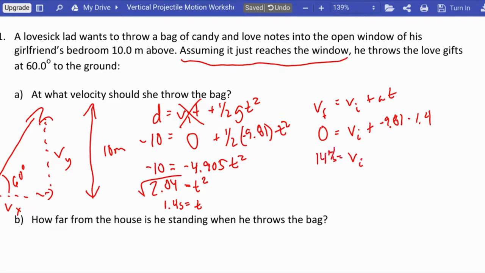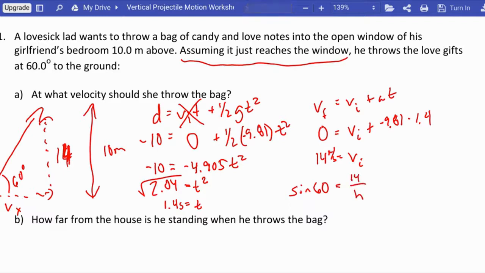Now that's the vertical velocity. That's the velocity in the y. So I'm going to erase that over here on my diagram. That is 14 in the y direction. Okay. Now, you'll notice to solve this first part, for part A, I have an angle and I have a side, and so I can just use a trig function to solve for the hypotenuse, in which case that would be sine of 60 degrees equals my opposite, which is 14, over the hypotenuse.